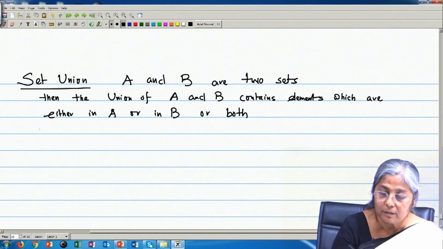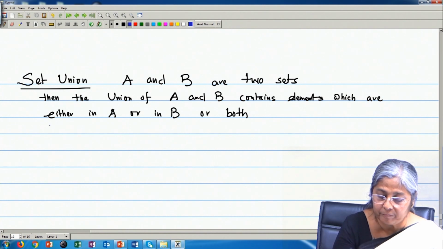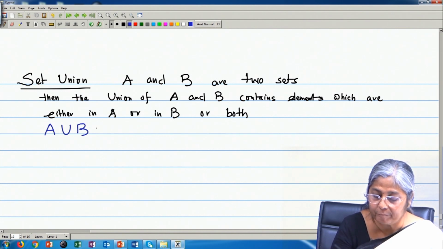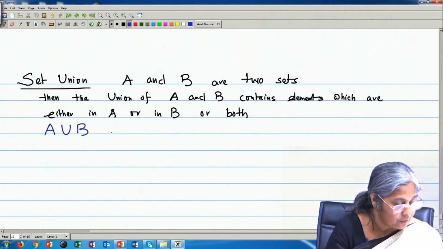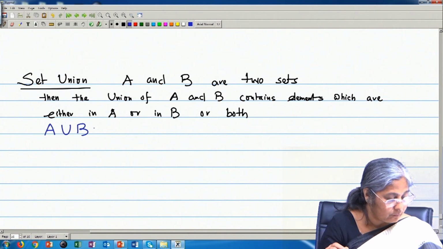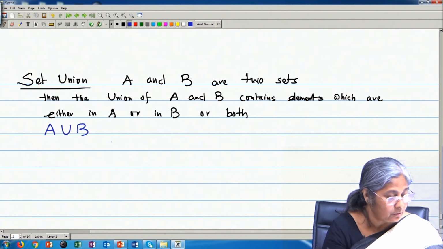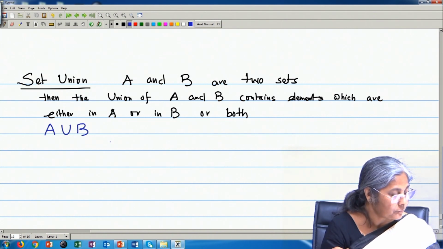We normally denote this by the notation A union B.